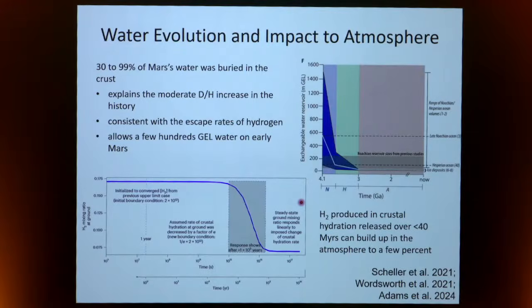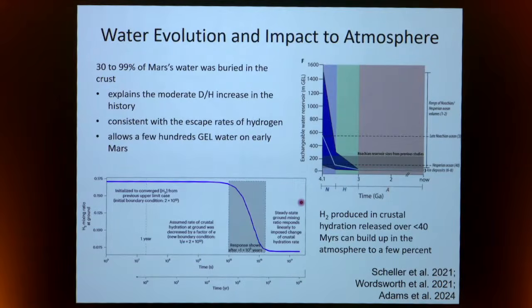But if we do not average it over the whole period of Noachian, but let's say 10% of the Noachian, like 40 million years, this could result in the buildup of the atmospheric hydrogen to about 5%, and this actually has a great ramification for the early climate.